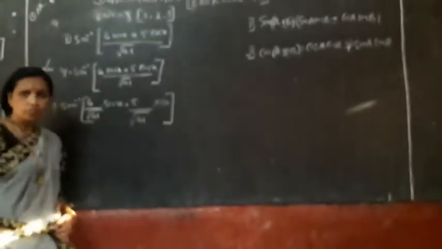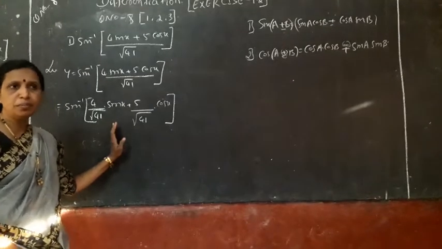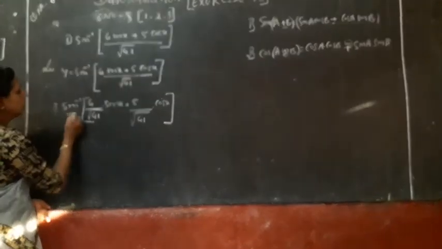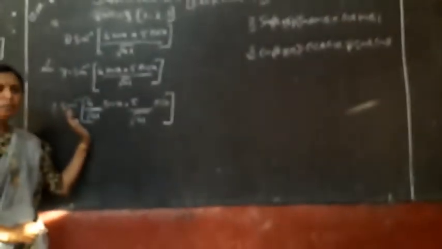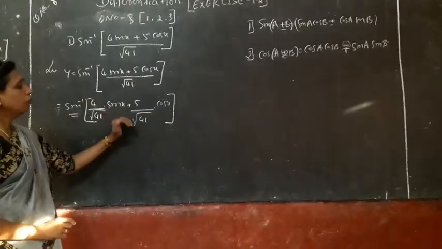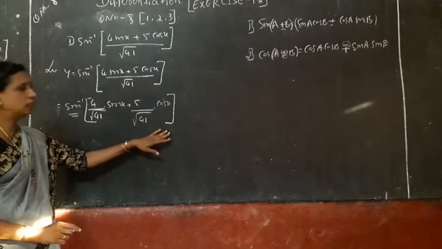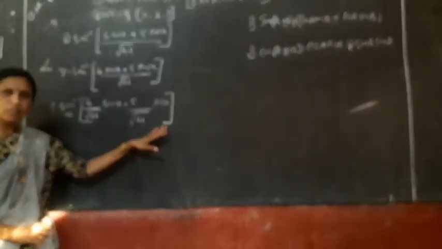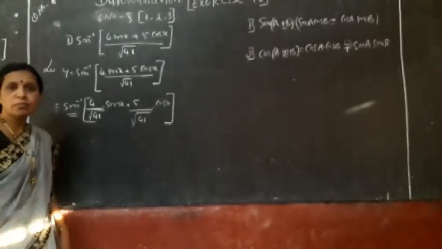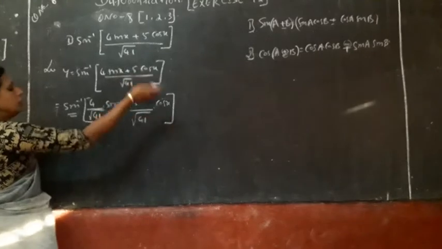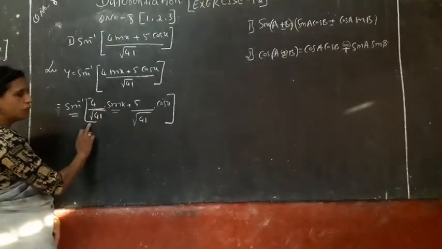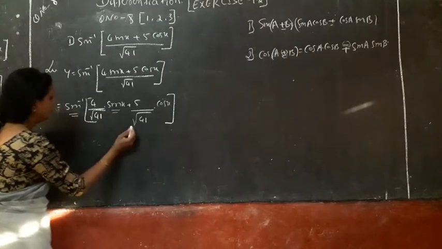Okay. Now another thing we have to remember here is that it is a sin inverse term, so we have to convert the terms inside the bracket in terms of sine. So see here it is sin x, so choose for this constant term cos alpha.